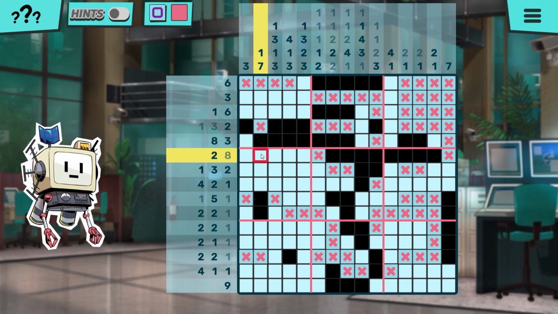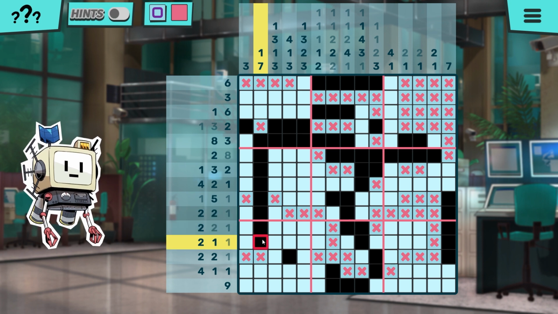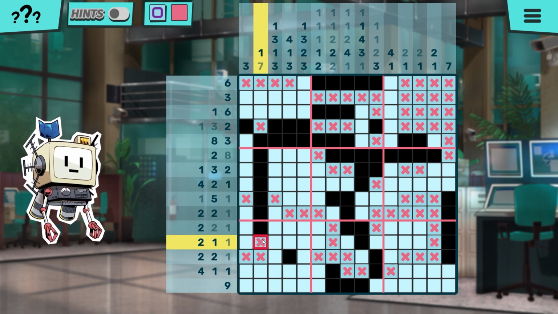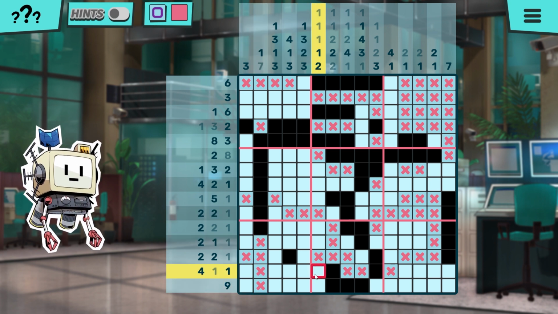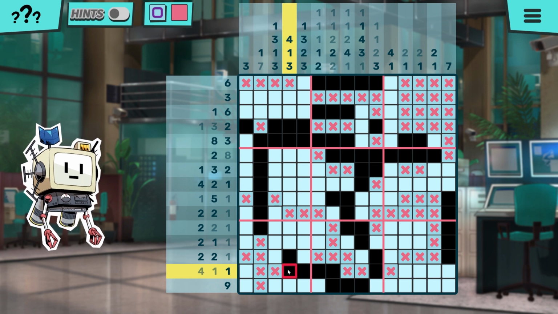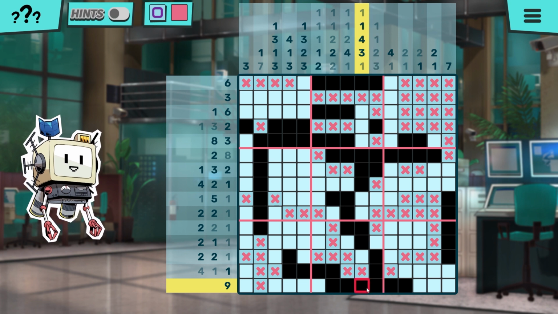Which 7? This 7? Oh, that 7. Which means you can X off everything beneath it. Yep. Which limits where the 9 can go. And this 4. Well, now we know where the 4 is. Let's see. 9 can extend over considerably.